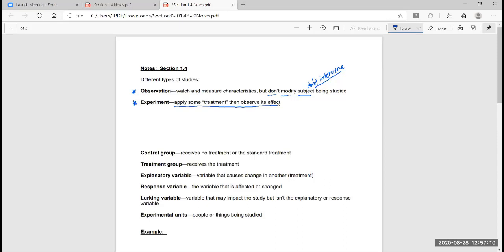So treatment doesn't have to be medication. The treatment can be something that you're intervening with the subjects in some way.